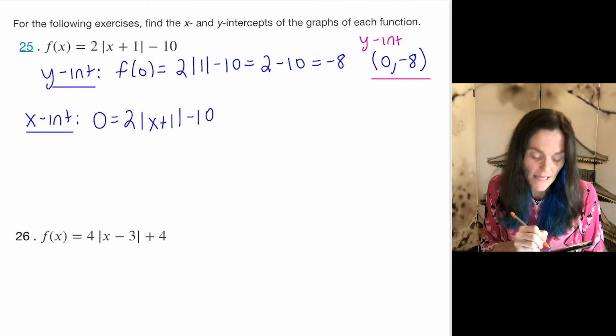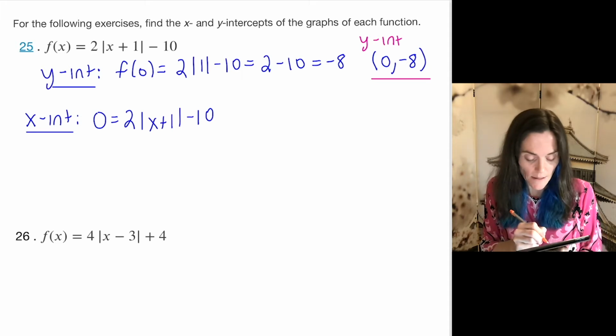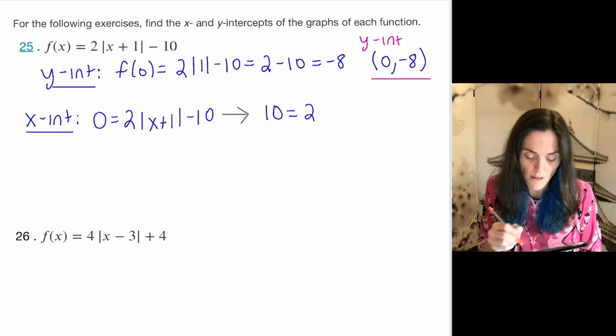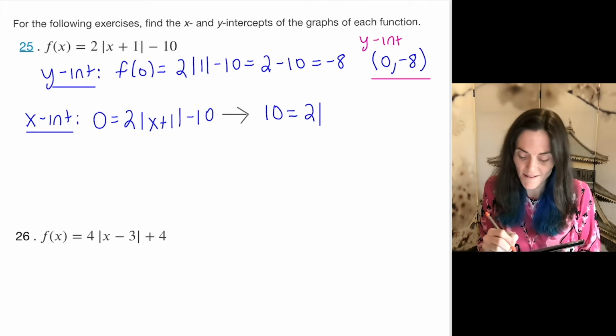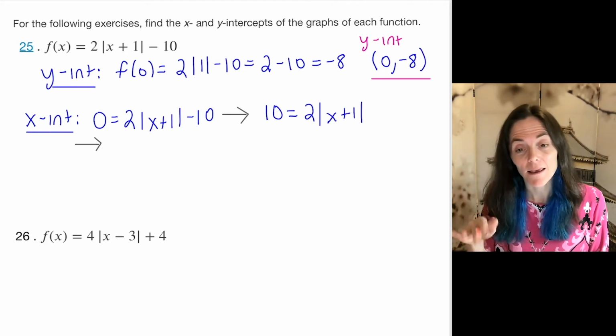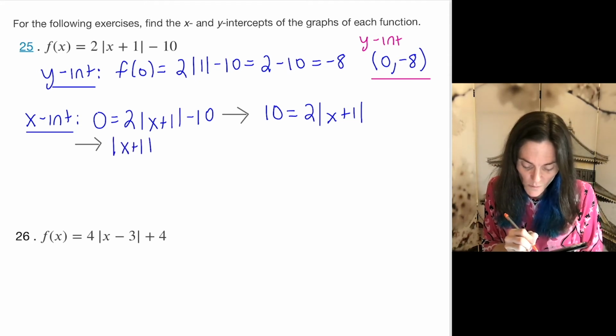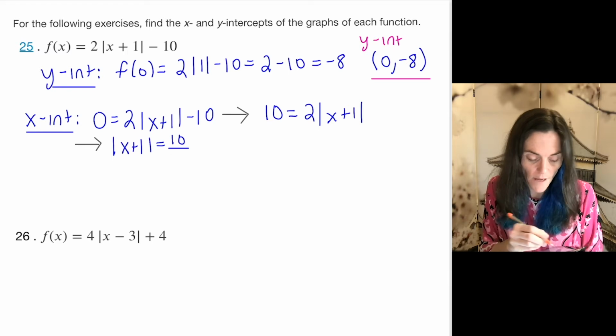We get, let's see, add 10 to both sides. We get 10 equals 2 absolute value of x plus 1. Maybe I'll take one more step, divide by 2. So when I do this, I get the absolute value of x plus 1 is 10 over 2, which is 5.